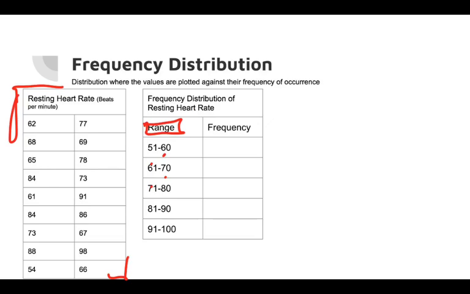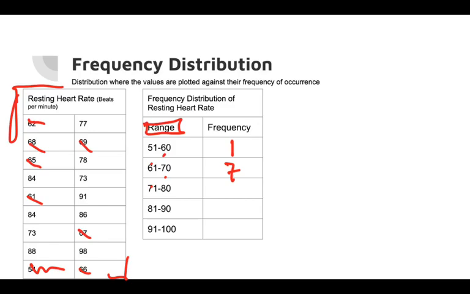These are just as easy as going through the data and saying, okay, what numbers do I have in my data set that range between 51 and 60? So there's one. So I have a frequency count of 1 for that range, and 61 to 70, there's 1, 2, 3, 4, 5, 6, 7 of those.